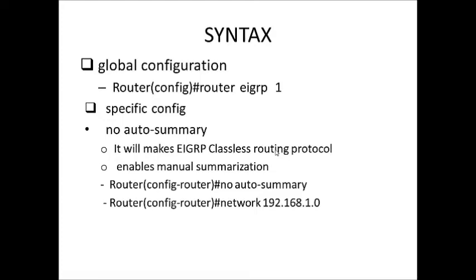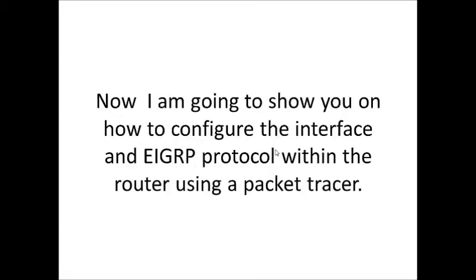This command will mix EIGRP classless routing protocols and enables manual summarization. Below we have an example of how to configure the EIGRP routing protocol. Now I am going to show how to configure the interface and EIGRP protocol within the router using Packet Tracer.